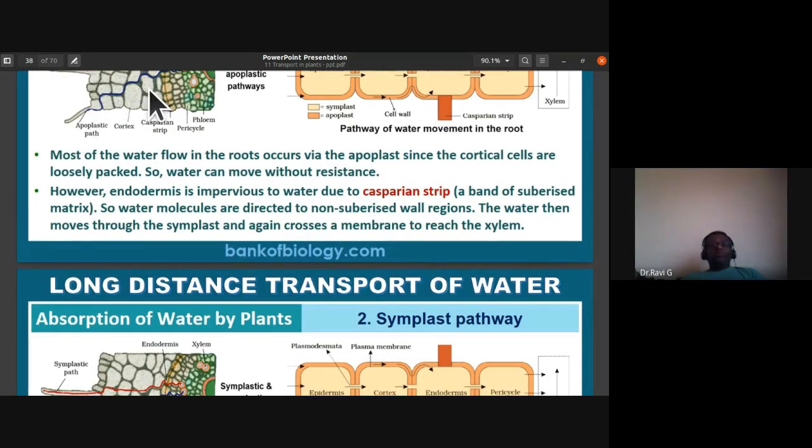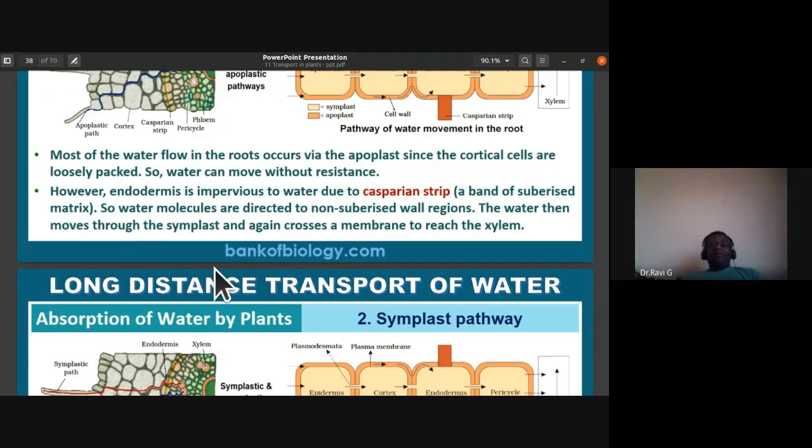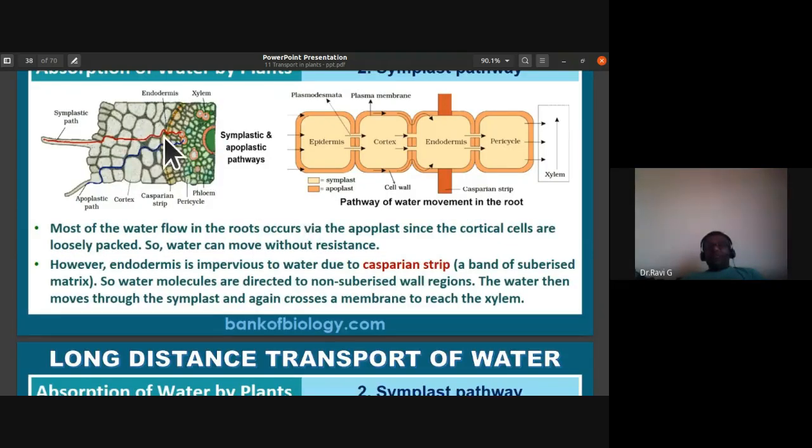The water then moves through the symplast and again crosses a membrane to reach the xylem. Even though the water was in the apoplast, when it enters the endodermal cells, the pathway is symplast. Until the endodermal cells, the majority of water flows through the apoplast, but the apoplast pathway later becomes symplast at the endodermal cells.